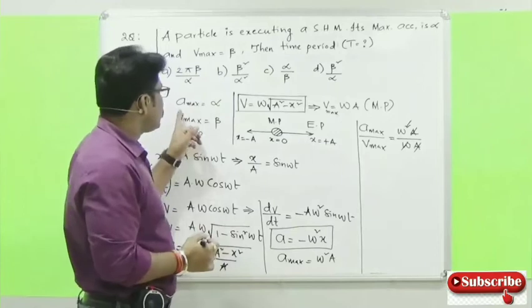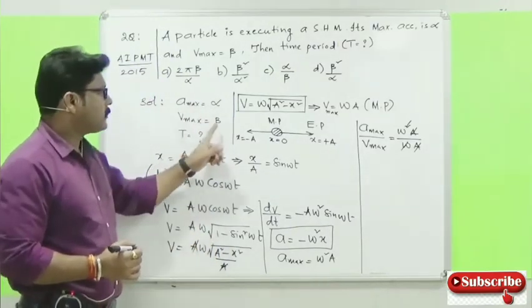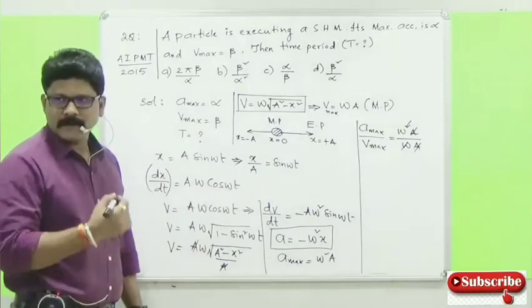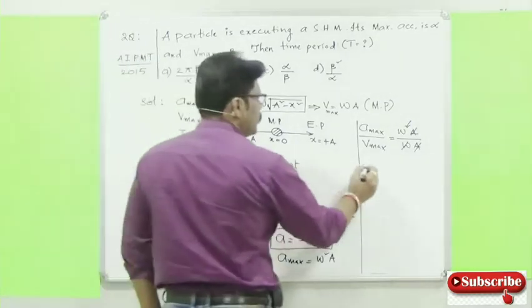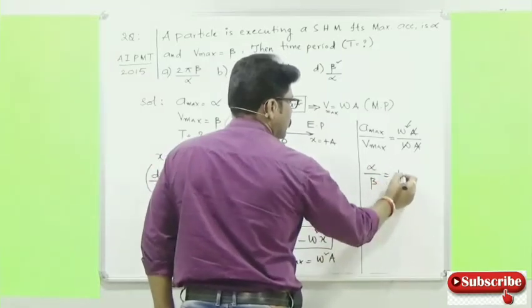A maximum is given in the problem as alpha, and V maximum as beta. So alpha divided by beta equals what is left over: omega.